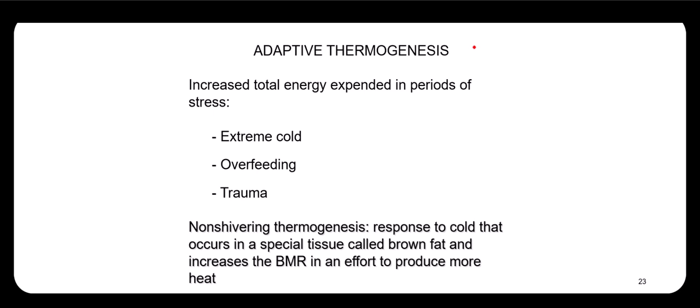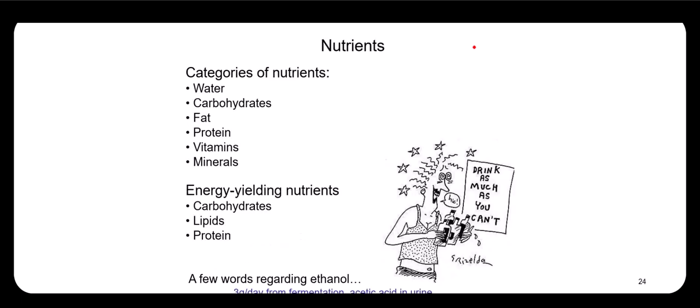It's a response to the cold that occurs in brown fat and increases the BMR in an effort to just purely produce heat when we need it. So kind of cool chemistry, because what we're going to do is uncouple a couple processes, stop kind of before our last step, and make heat rather than ATP.